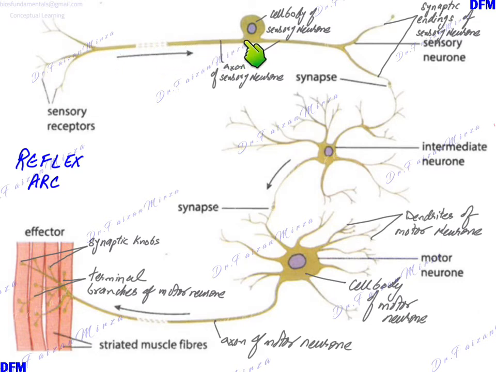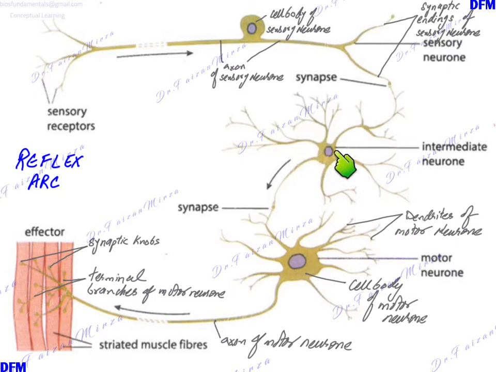It means if you place the surface electrode at the surface, and you insert the recording electrode inside, the value will come out to be minus 70 millivolts. Here, here, here, or at any point, even at the region where this neuron ends, even at the synaptic endings. Since there is no impulse being transmitted, the entire neuron will be at a resting potential.